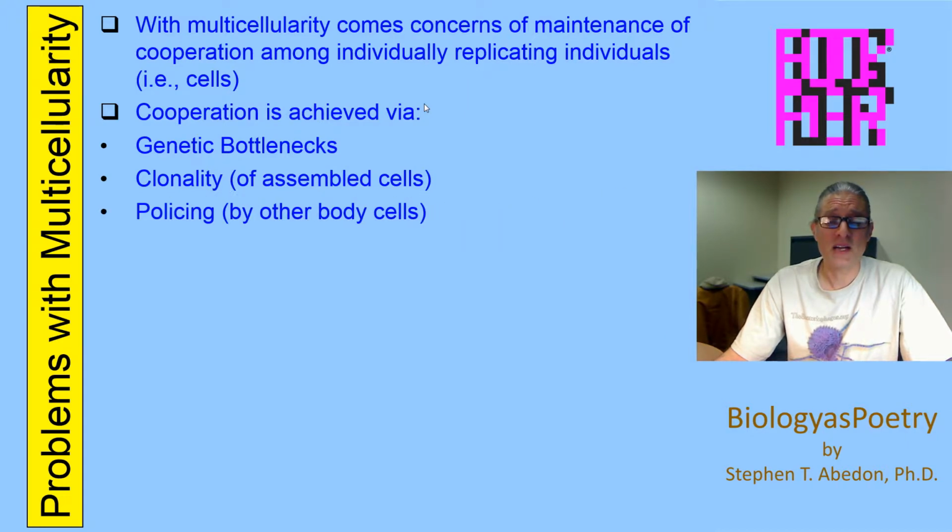It also is helpful if you have some kind of policing going on, and this is a means by which cheaters are in fact identified and removed from, or otherwise prevented from cheating, from within a group of cooperating individuals. And policing can involve also not just the prevention of cheating in closely related individuals, but also the prevention of cheating in individuals that are not closely related.